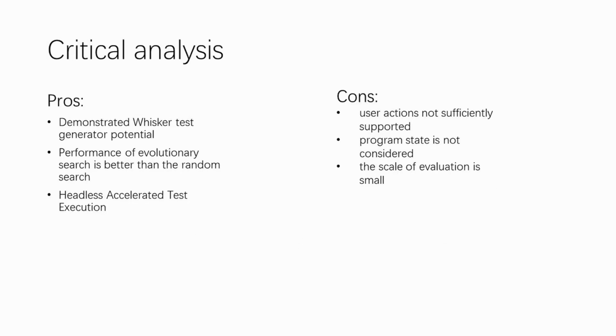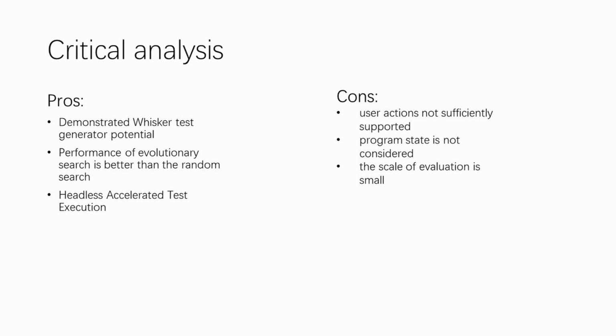So, pros and cons. The pro is that the extension of the Whisker test generator has demonstrated its potential on a number of example programs. The experiment shows that the performance of evolutionary search is better than the random search.